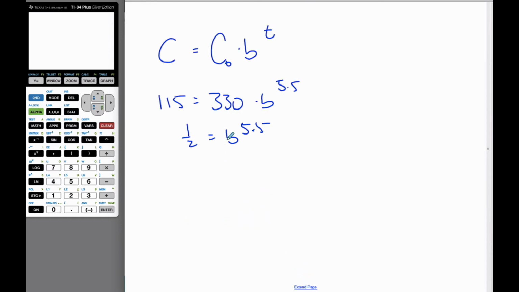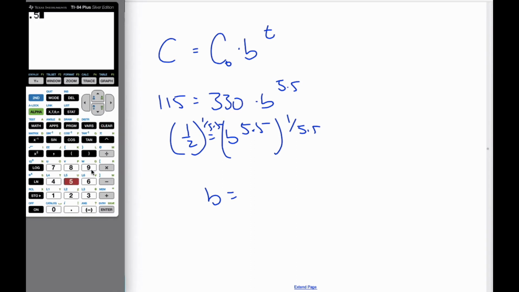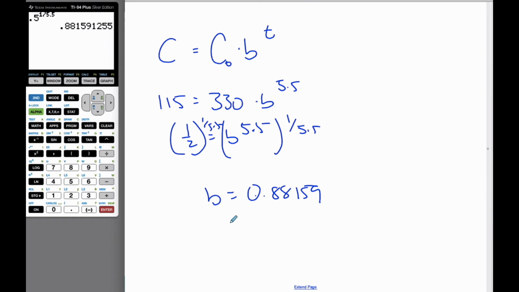And so now to find B, I'm going to raise this to the power of 1 over 5.5, so B will be 0.5 to the power of 1 divided by 5.5. And I get 0.8819. And so caffeine is equal to the initial amount of caffeine times 0.882 to the power of t.